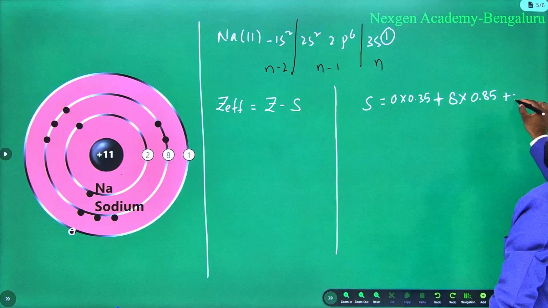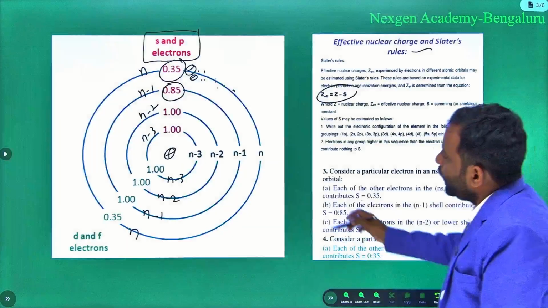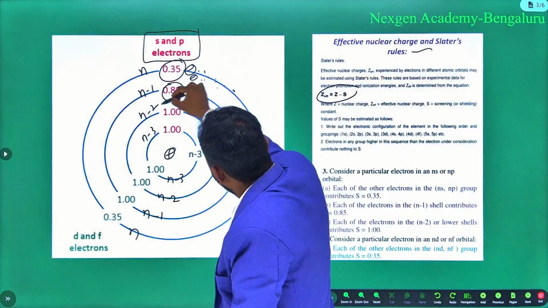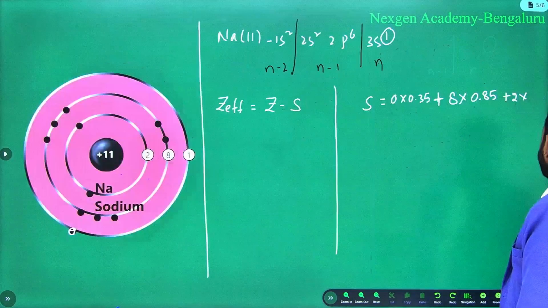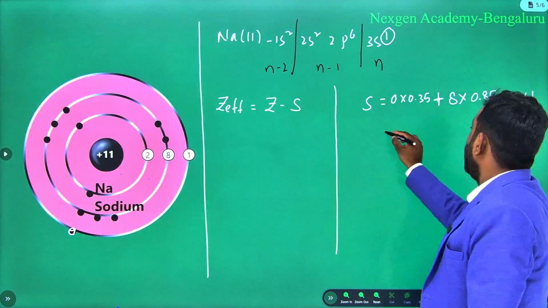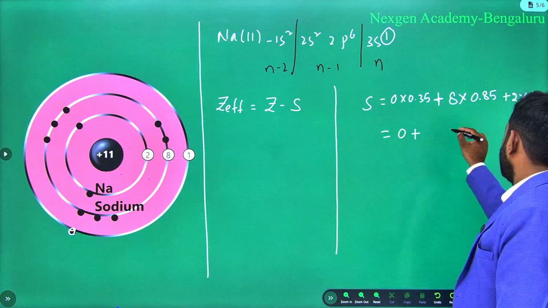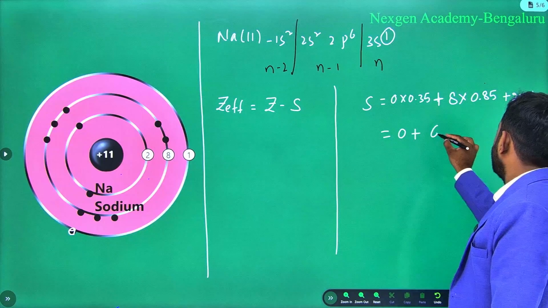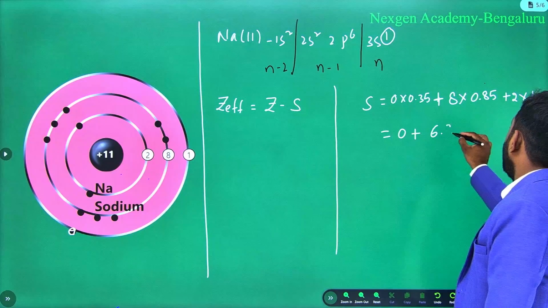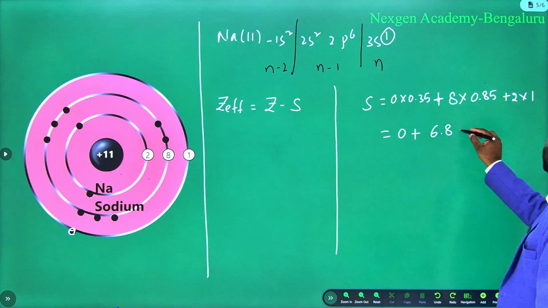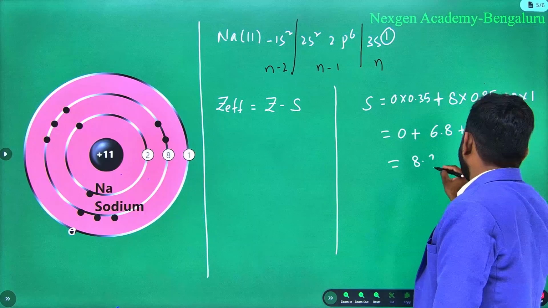How many electrons are there? 2 electrons are there in n minus 2. The screening constant we have to take is 1. So 2 into 1. So this is 0 plus 6.8 plus 2, so 8.8.